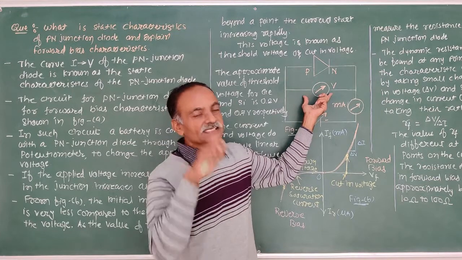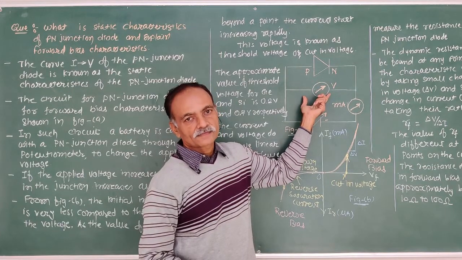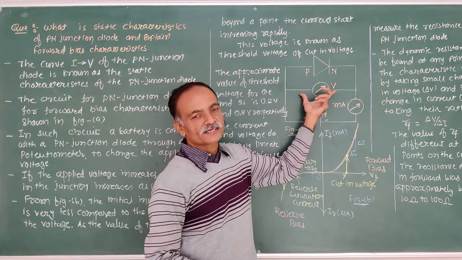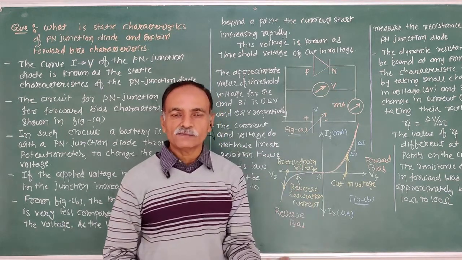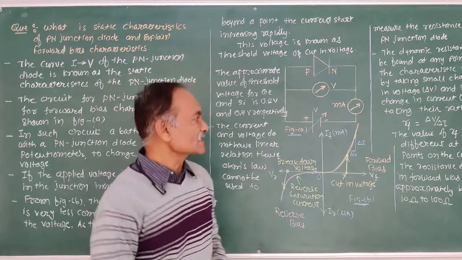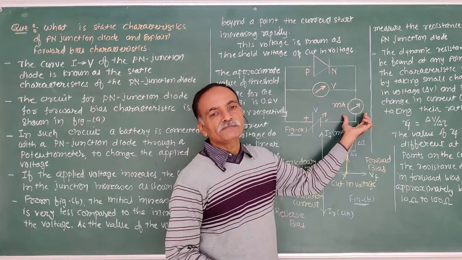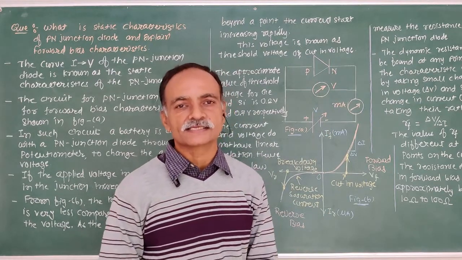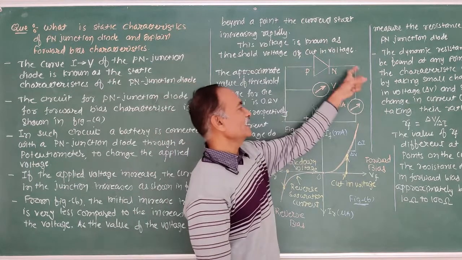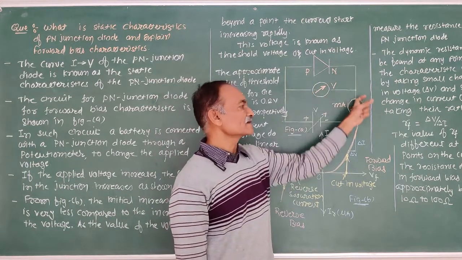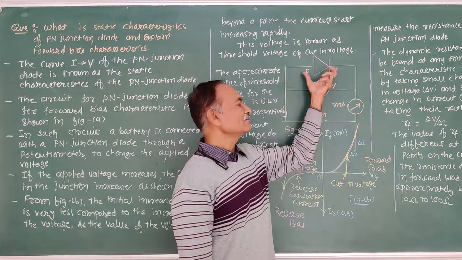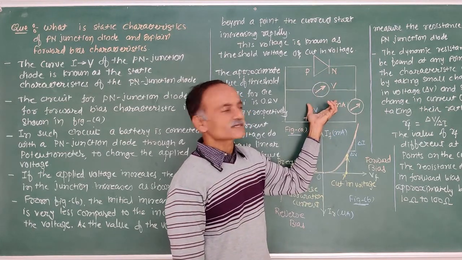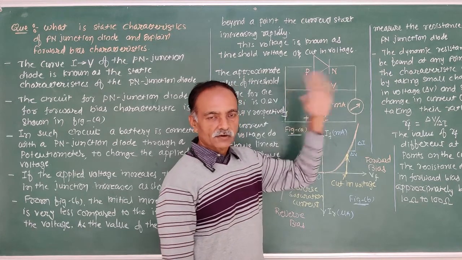A voltmeter is always connected in parallel, therefore it is connected parallel to the PN junction diode. And how much current is flowing in the circuit? To measure this current, we use the milliammeter. A milliammeter is always connected in series, therefore it is connected in series with the battery and PN junction diode. The voltmeter is parallel to the PN junction diode. Clear this? Okay.